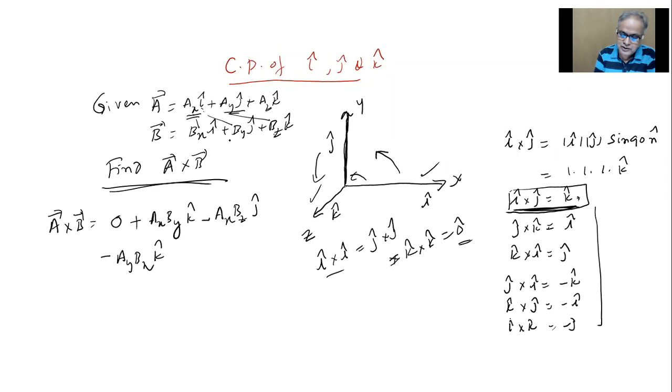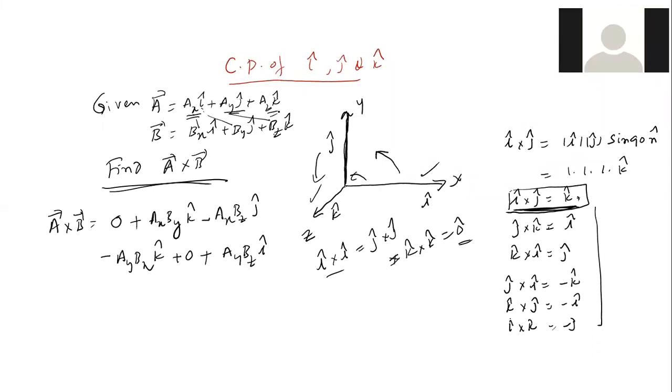Hello, j cross i. Yes, sir. Now AY BY j cross j is 0. Yes. AY BZ j cross k is i. Is it okay? Yes, sir. Now with this, AZ BX k cross i, j cap.